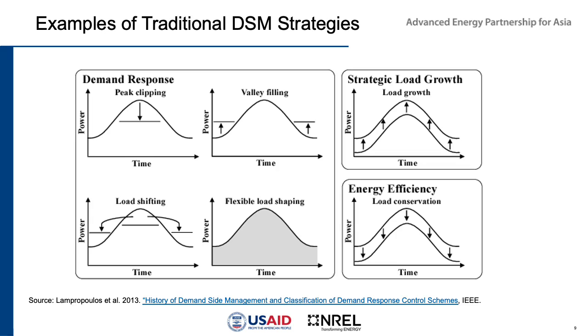Then there are these two other examples: flexible load shaping, which can refer to any strategic objective that the utility might want to require in terms of load shape, and then load shifting, which really is just a combination of the peak clipping and the valley clipping noted above.